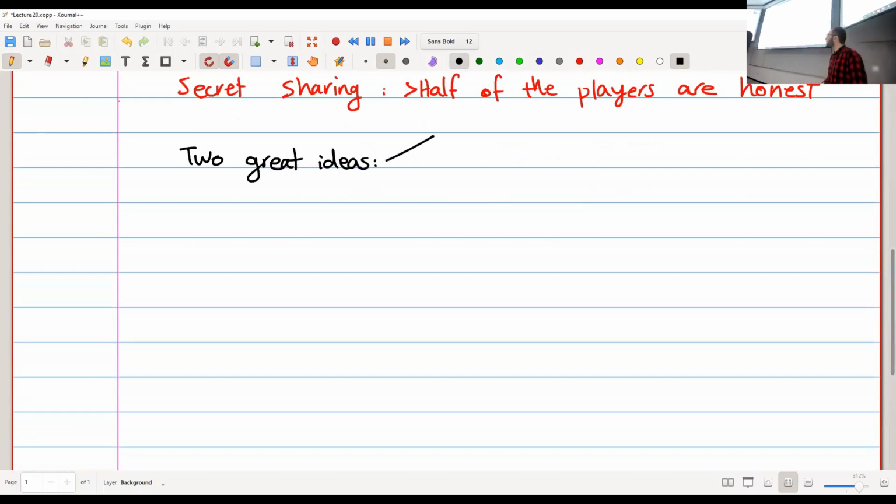The first idea was that if you don't reveal, it doesn't matter because other participants can actually compute your value. So that's a great thing. And we want to keep that. So if a player does not reveal, let's say, their RI, others can compute it.